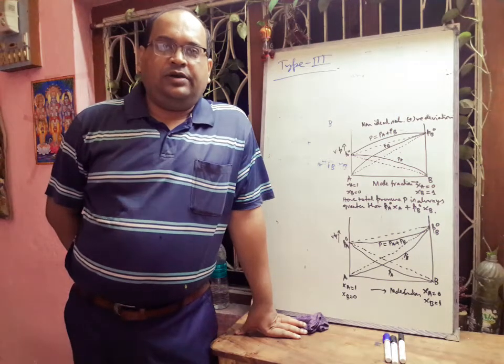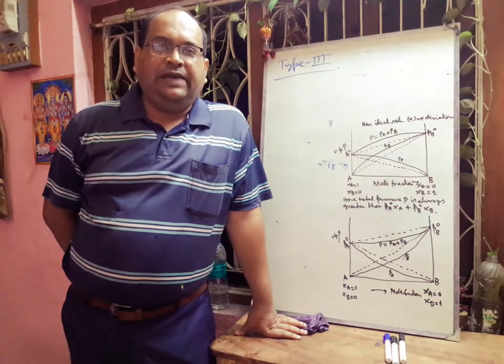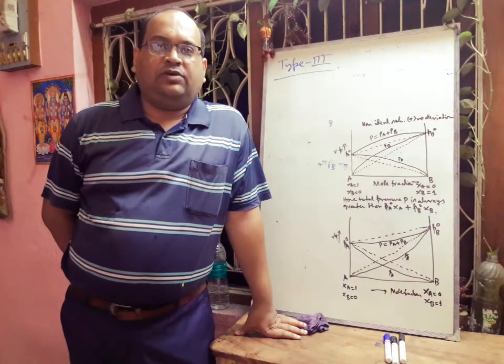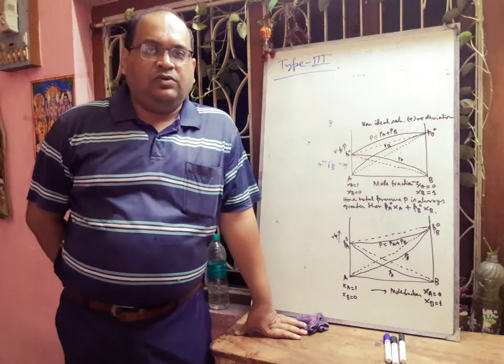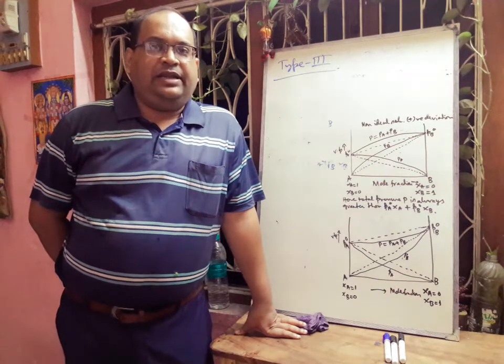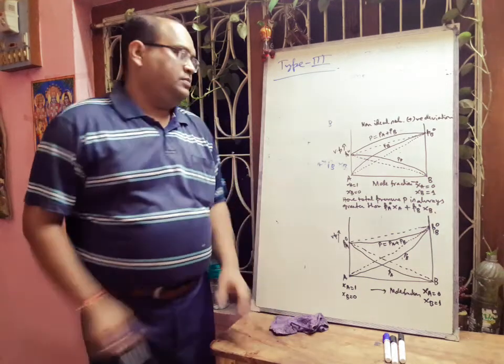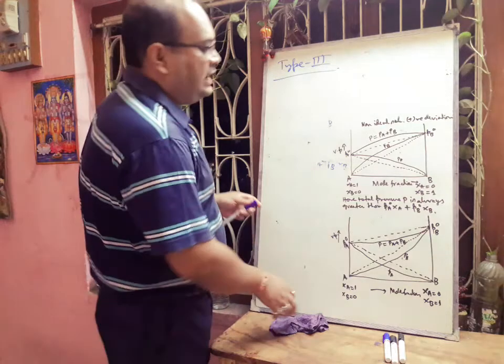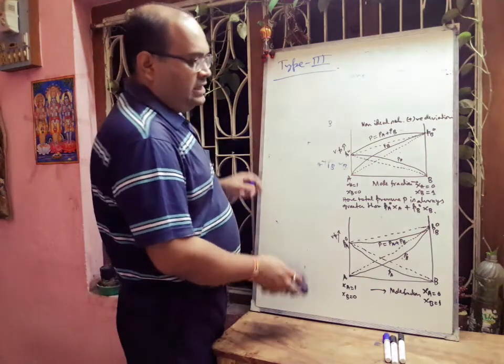So in such cases, the total vapor pressure curve dips to a minimum and the total vapor pressure is less than the value expected on the basis of Raoult's law. Another diagram is given here that is showing the negative deviation.